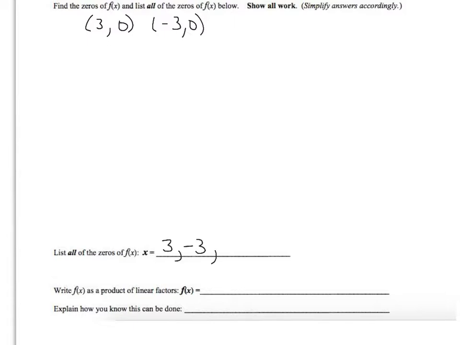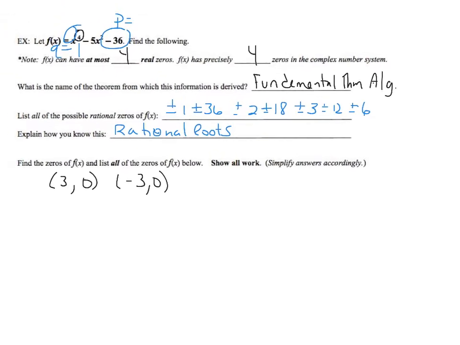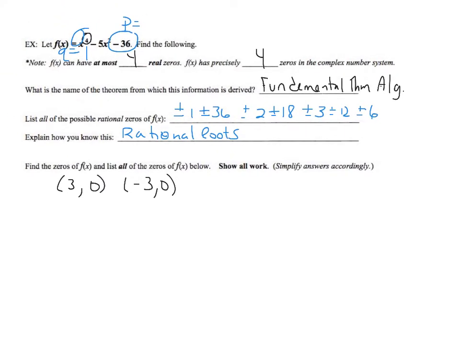I'm missing 2 more. So we're not going to get as lucky as we did in the last one where we knew them all. We'll have to use our synthetic division. So we'll start with 3, and I'm going to divide 3 into my polynomial. Now remember how we write the polynomial. We write 1, a 0 because there's no x cubed, -5, a 0 because there's no x, and a -36.